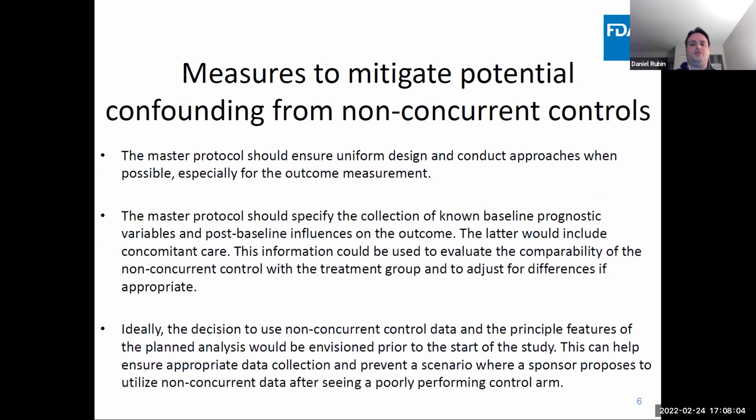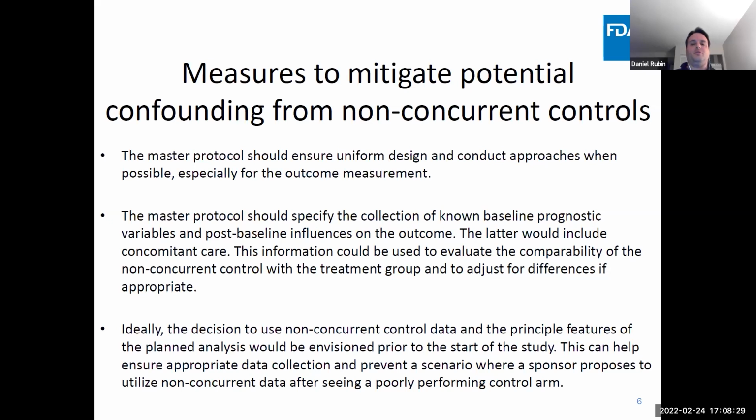So what are some measures that can mitigate potential confounding? Well, as we've heard, one advantage that we have with master protocols that we don't have in historical studies is that we can try to ensure uniformity in the design and conduct, and especially the outcome. We think the master protocol should also specify a collection of baseline and post-baseline prognostic factors.